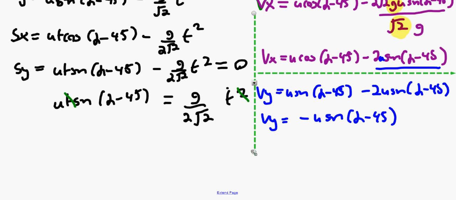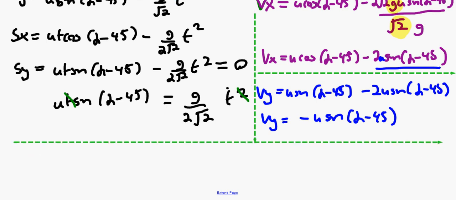Next thing, we're going to know what tan beta equals. So tan beta will equal minus my two answers divided by each other. And an angle.